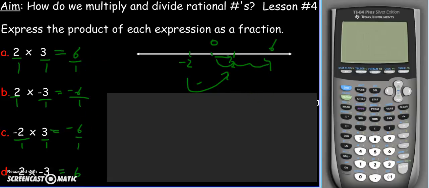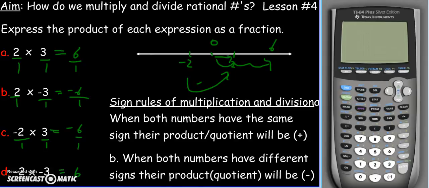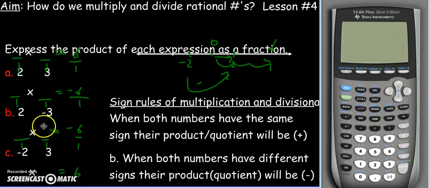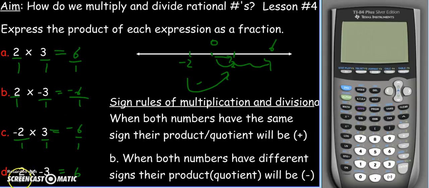Alright, so these are the basic rules we might have noticed. These are the sign rules, and they apply to multiplication and division. When both numbers have the same sign, their products will be positive. That's because when you multiply by a positive number, the sign won't change. If both of their signs are negative, such as in this case, the negative number will be reversed by the other negative, becoming positive.